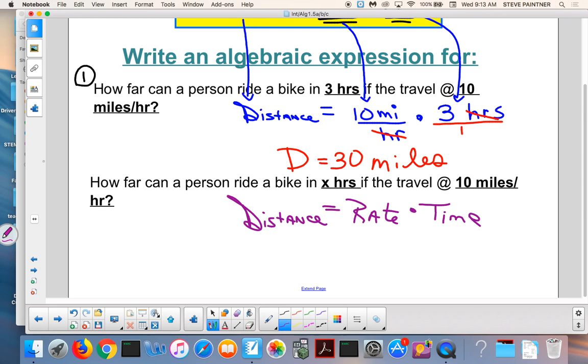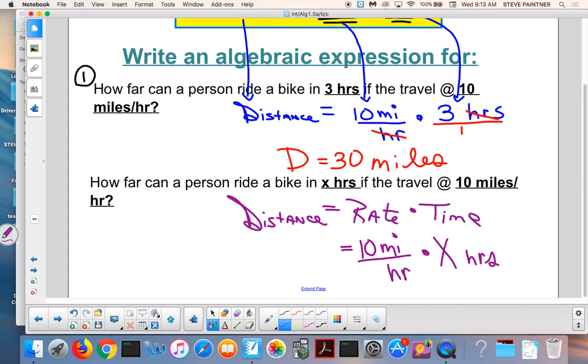Okay, what'd you put for your speed, your rate? How fast are you traveling? 10 miles per hour. How much time did you spend traveling? Yeah, I didn't give you a number this time. I just said X. So how long? X what? Hours. X hours.